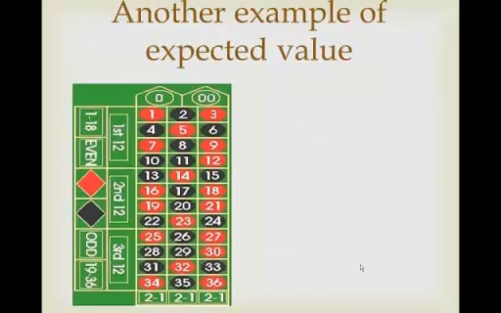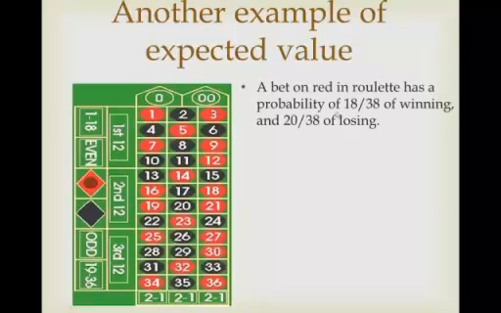So another example of expected value is if we play roulette just a bit differently. As it turns out, we can bet on red, right? So instead of betting on a 1, we can actually bet on all reds. So a bet of red on roulette has a probability of 18 out of 38 of winning, but 20 out of 38 of losing because of these two little rascals right there.